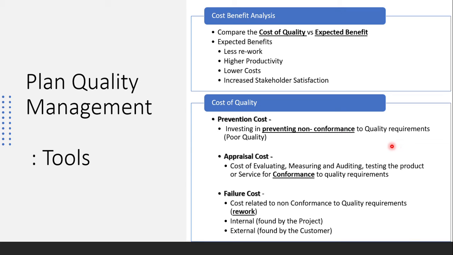This can include training your staff, training your project team, or giving them a good idea of the quality requirements, the quality requirements that are required by the customer. So the prevention cost is the investment that you need to make as a project manager into your project in order to prevent non-conformance.